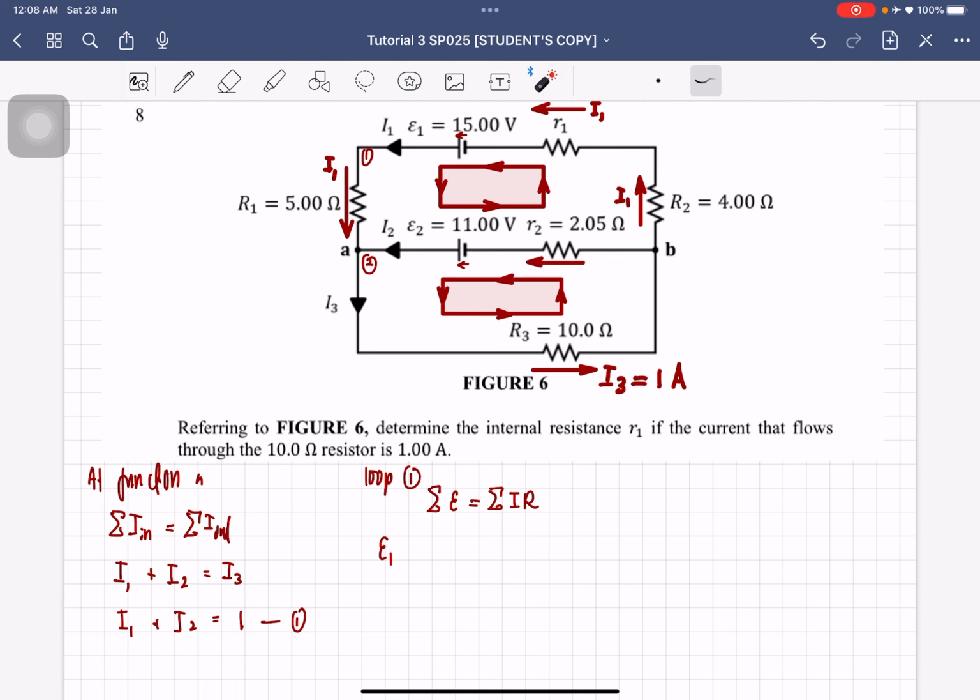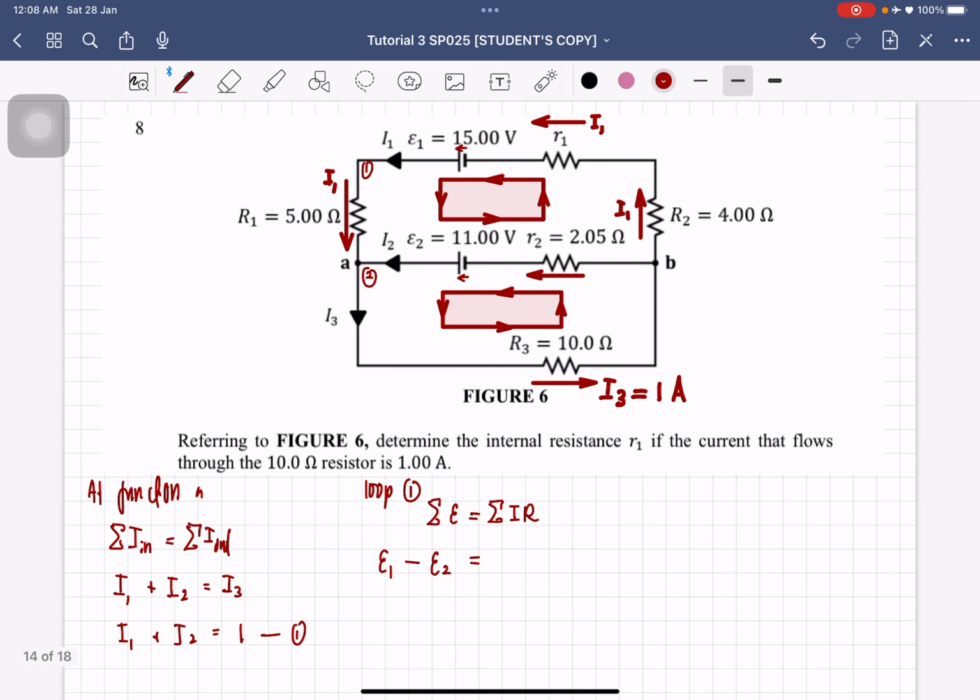And let's look at cell number 2 for this loop here. This is pointing to the left and the direction of the loop is pointing to the right, meaning it is in the opposite direction. So it's going to be negative EMF 2. Negative EMF 2 is then equal to the product of current and resistor. Let's look at the first resistor, which is the internal resistance. The direction of the current for internal resistor 1 follows the direction of the loop, so it's going to be positive.